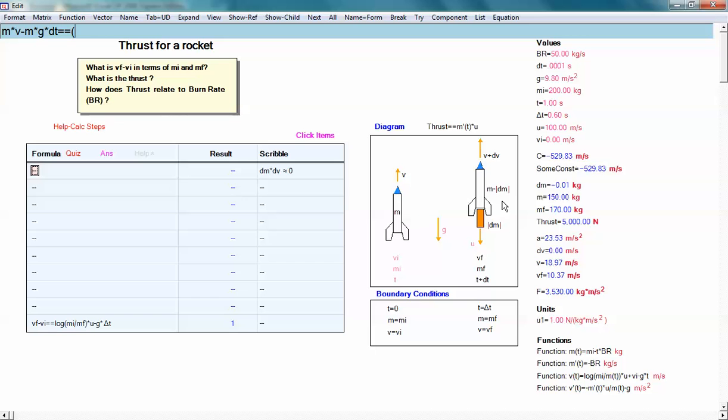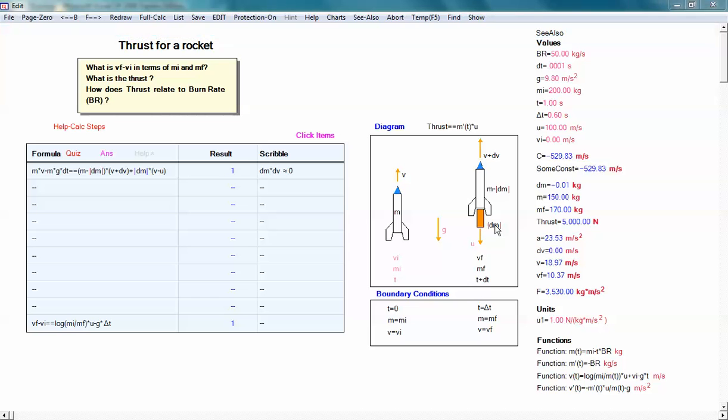That's going to be this reduced mass times the increment in velocity, that's one piece of the puzzle, plus the mass of the fuel burnt times the velocity of the fuel burnt. And again, it has to be V minus U because we want to express everything in terms of the velocity that an observer on Earth would see. And we see a 1 there, so that means that's good. We're on target so far.